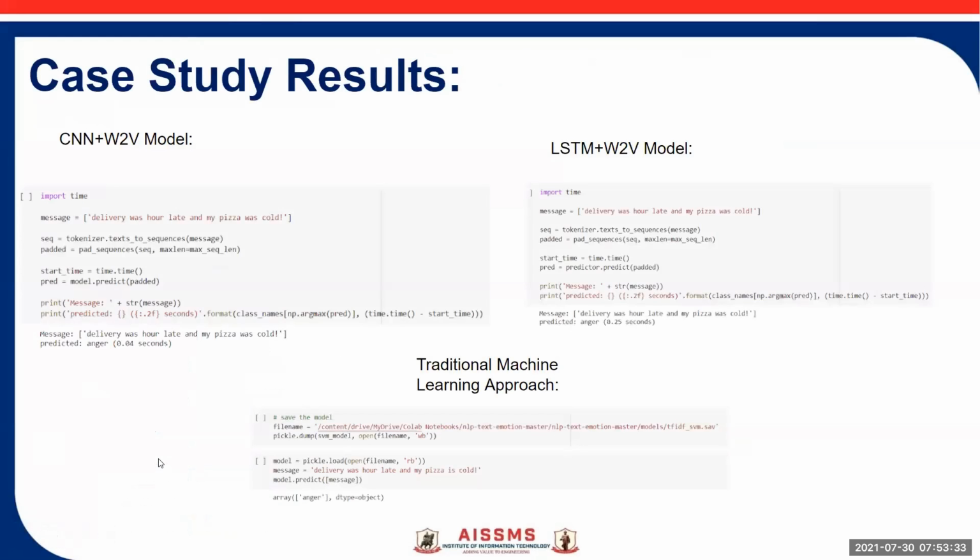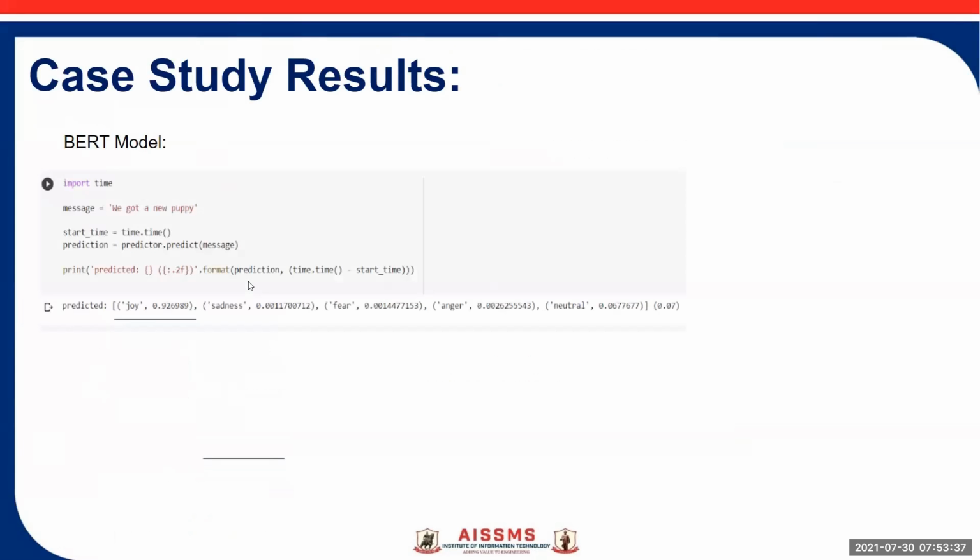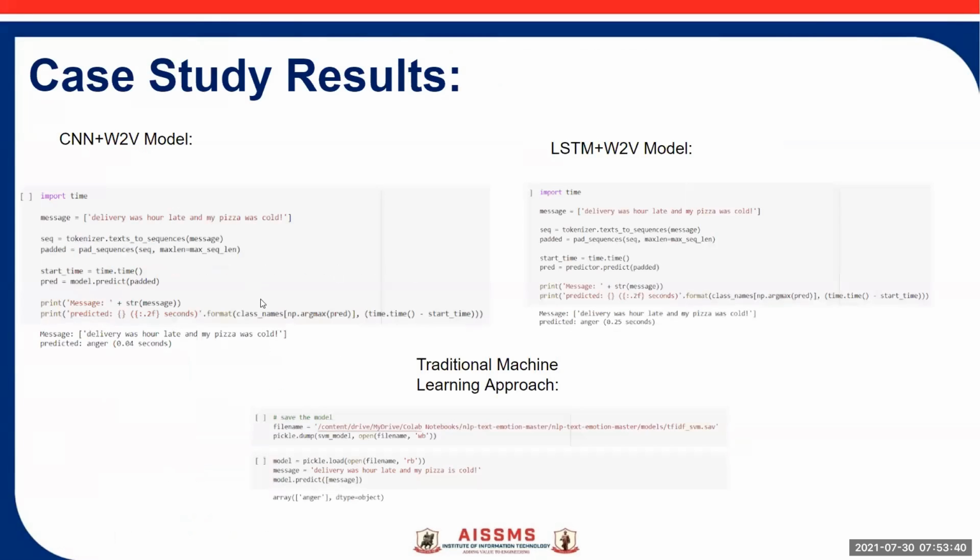So coming to the case study results of all our models. These are the outputs of all our models, that is CNN plus word2vec, LSTM plus word2vec, and the traditional machine learning approaches.